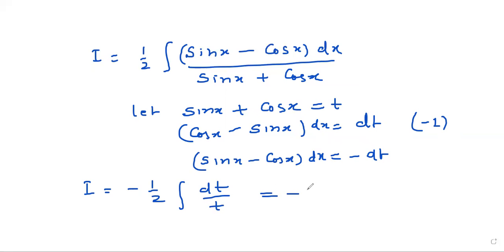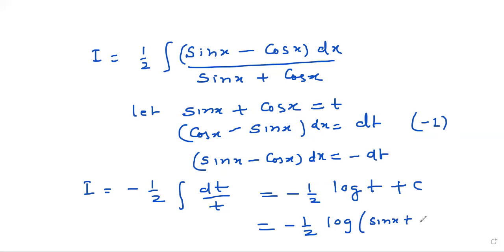So it will become minus 1 by 2 log t plus c, and we can put this value of I in the previous equation. So here minus 1 by 2 log, and we have taken sin x plus cos x as t, sin x plus cos x plus c, and this I can be put in the equation for 1.